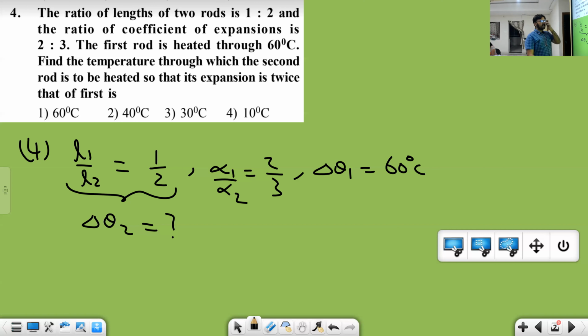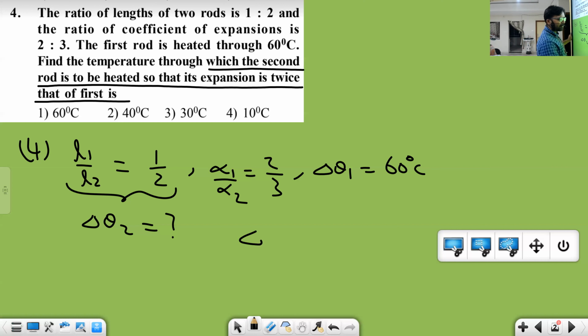So they're asking to find delta theta 2. And to find this one, they gave small information here, which is that the second rod is to be heated so that its expansion is twice that of the first. Second rod expansion is twice that of the first means second rod expansion, don't call it as alpha 2, call it as delta L2.